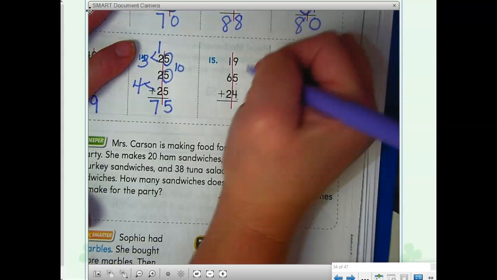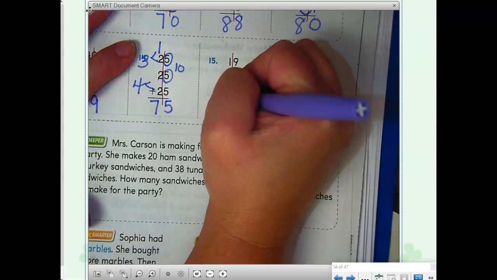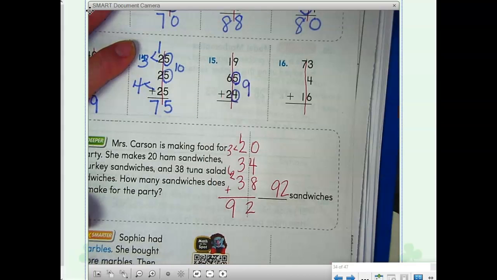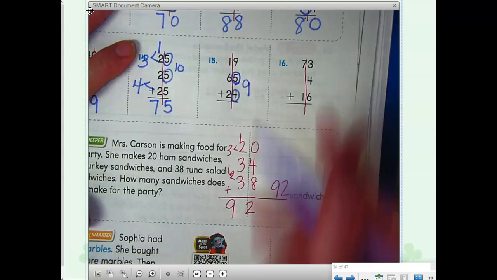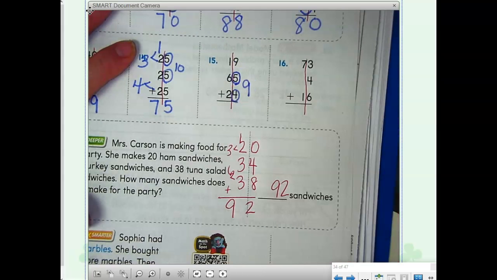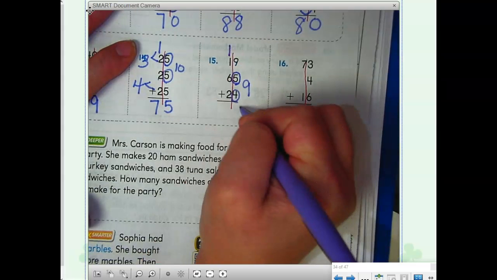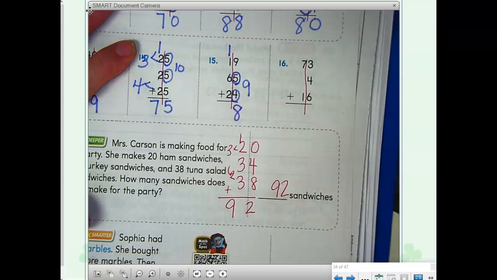What's 5 plus 4, guys? 9. Now I can make it easy on myself. What's 9 plus 9? 18. 1 ten, 8 ones. Look for those facts that will make your life easier.